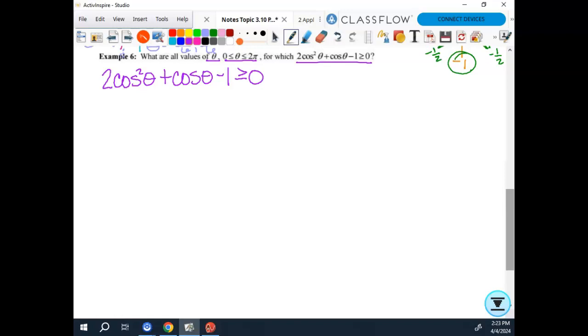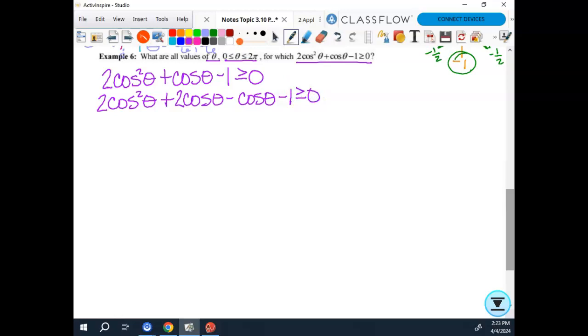In the interest of time, because I know they always come on with announcements, I'm going to go ahead and work through this with you. To factor by grouping, 2 times -1 is -2. I need 2 numbers that multiply to give me -2 and combine to give me 1. That'd be 2 and -1. So I'm going to split that middle term: 2 cosine squared theta plus 2 cosine theta minus cosine theta minus 1 is greater than or equal to 0.